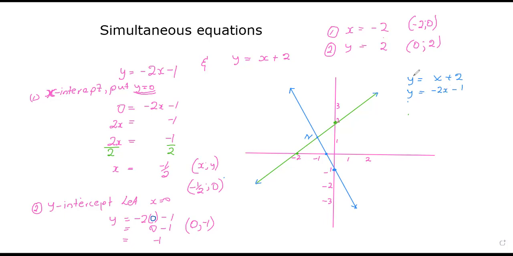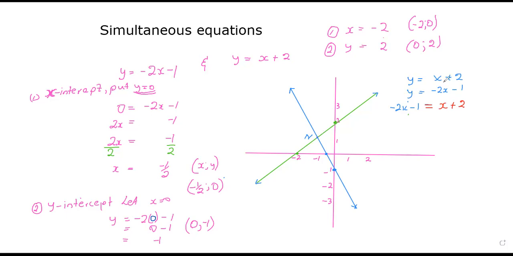If the two functions are equal here, we can equate them, which means negative 2x minus 1 will equal x plus 2.